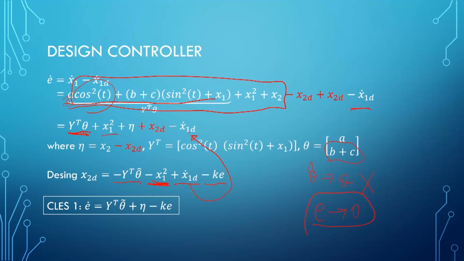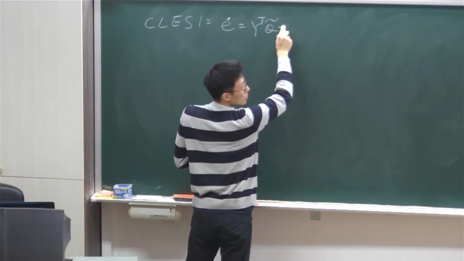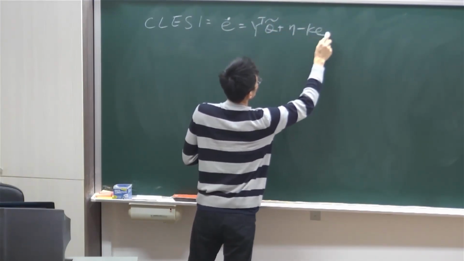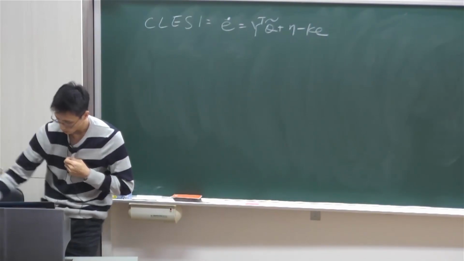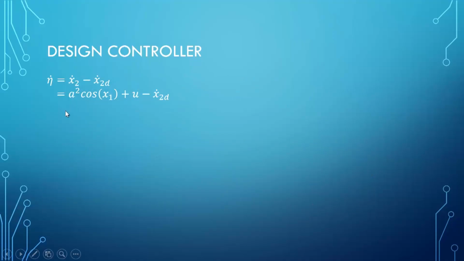So let me write down closed-loop error system 1. For the second system, we use eta, and eta dot is equal to x2 dot minus x2d dot. x2 dot is given by the problem, which is this part where you can see the control input u.